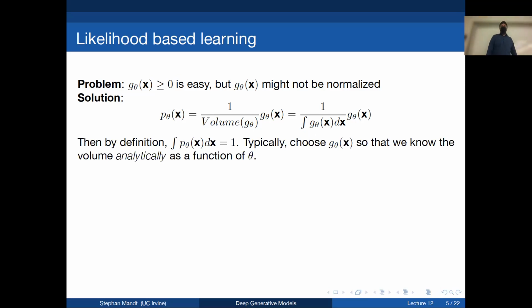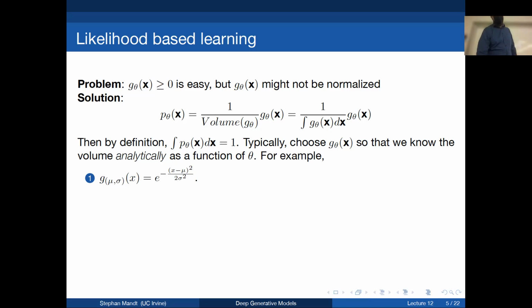Traditionally in statistics, for example, or in classical machine learning, we would choose g theta of x so that we actually know this integral analytically. In particular, how this integral or this volume behaves as we change the parameter theta of that distribution. Just to give you a couple of examples, let's imagine we're in 1 dimension.